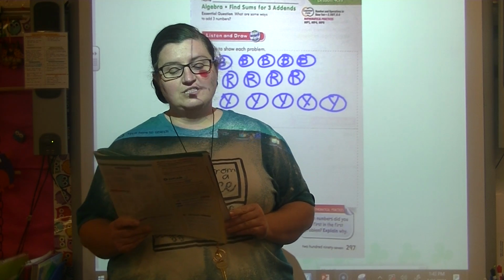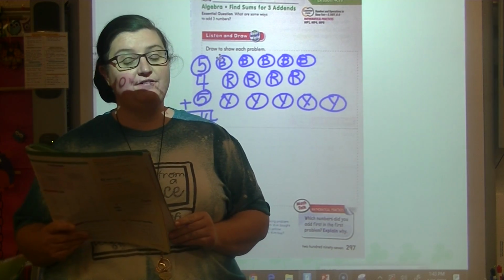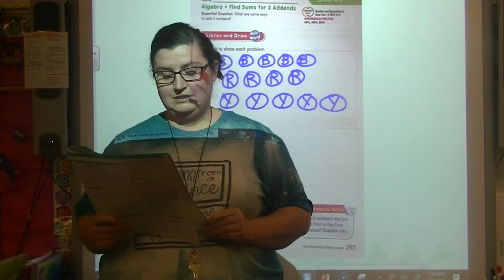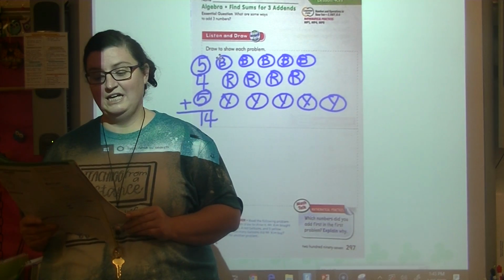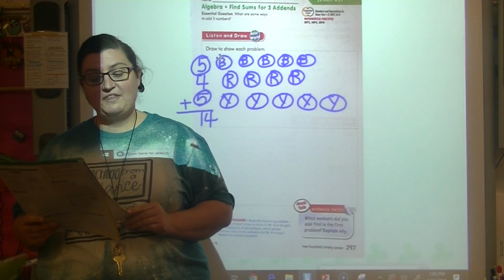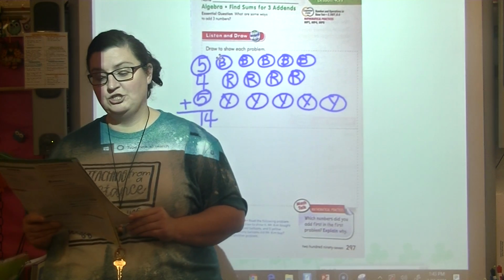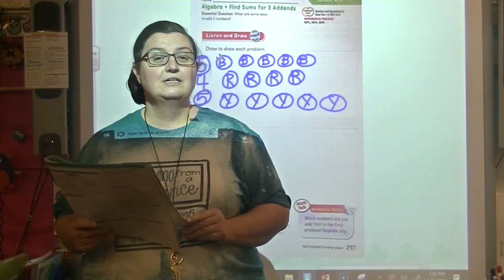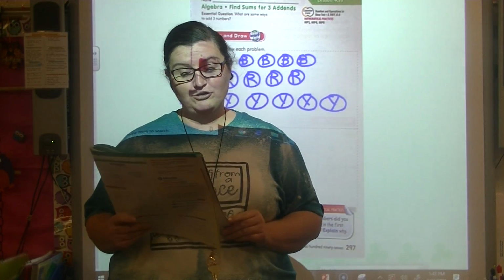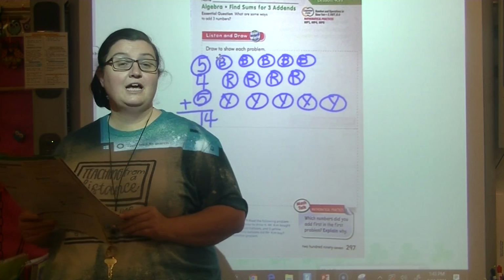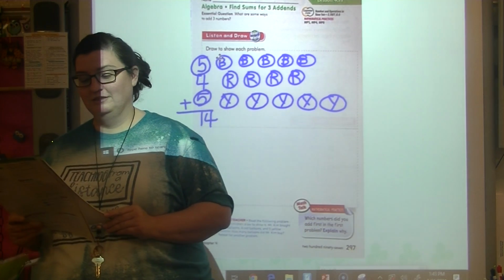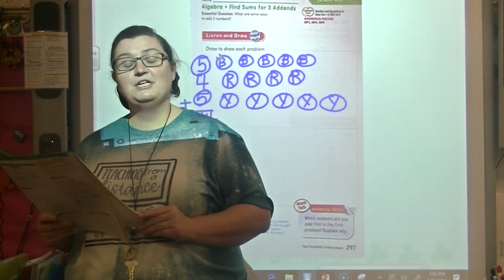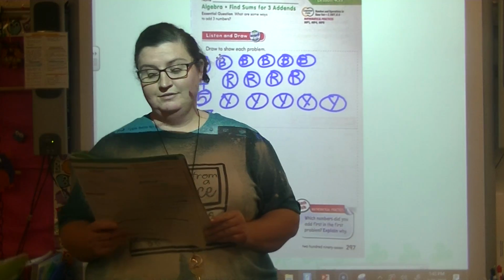How many shirts does Mary Beth have? Listen again. Mary Beth has 3 green shirts, 6 blue shirts, and 2 yellow shirts. How many shirts does Mary Beth have?